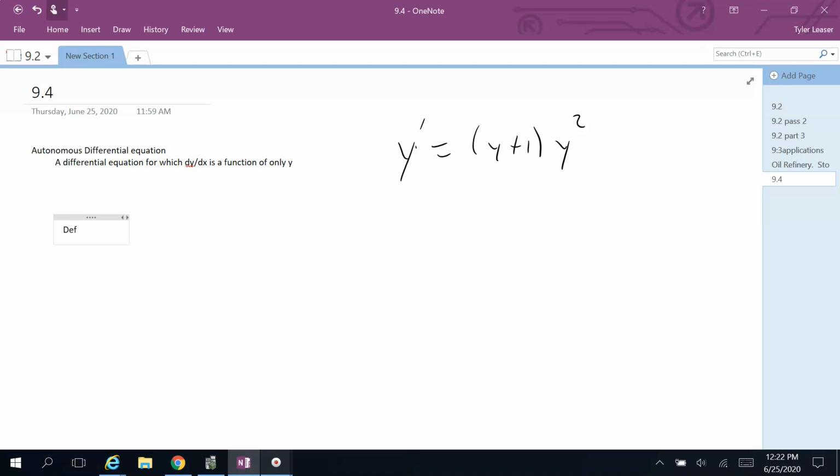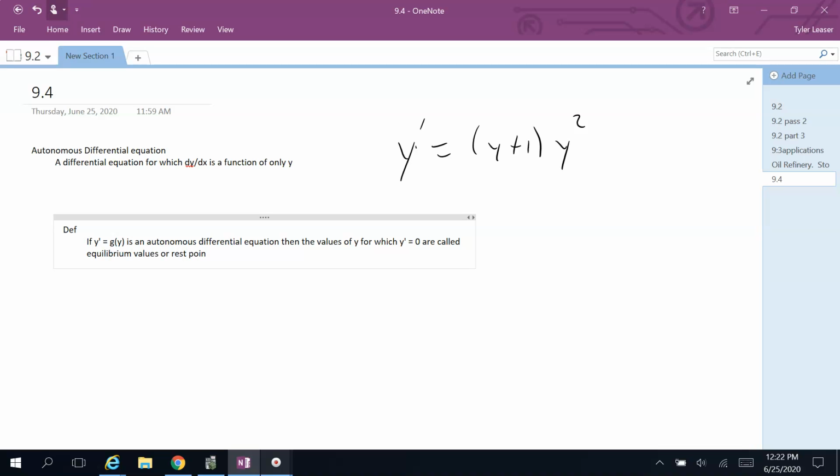I don't know what to call this one, just definition. If y prime is some function of y, we'll just call it g of y for now. So if this is an autonomous differential equation, then the values of y for which the derivative is equal to 0 are called equilibrium values, or they're also called rest points.